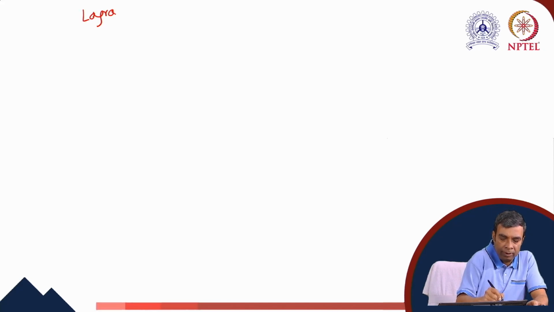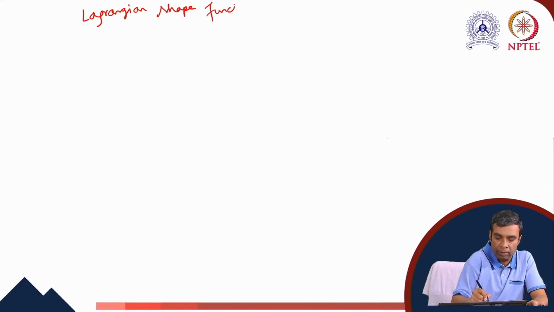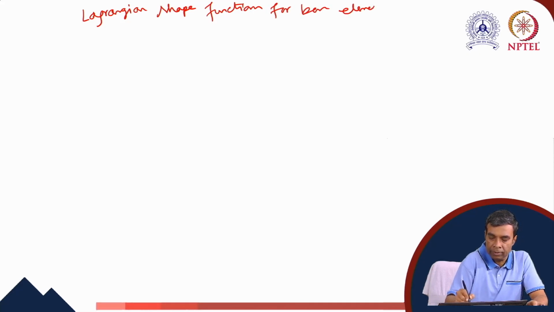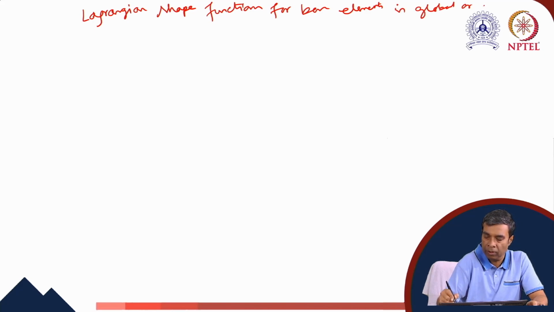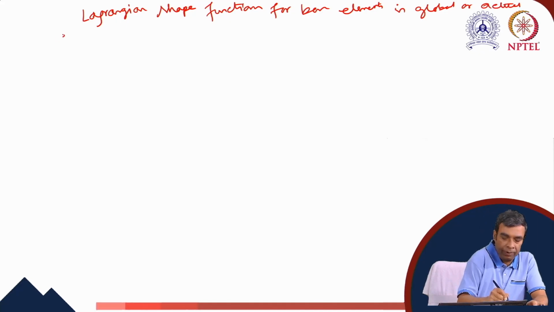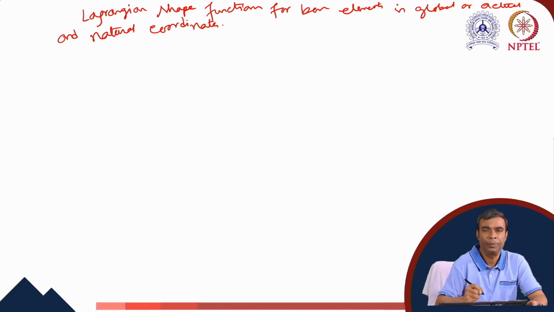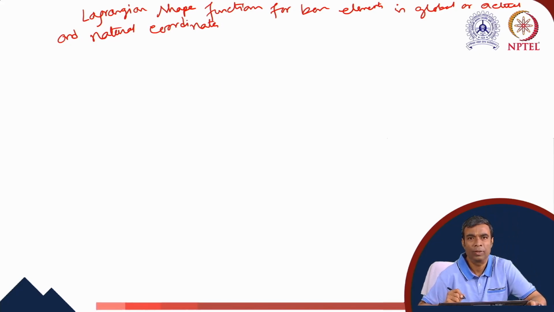Lagrangian shape functions for bar elements in global or actual and natural coordinates. So there is a standard expression for shape function evaluation of the bar elements of any order. This can be defined using the global coordinates as well as the local coordinates.